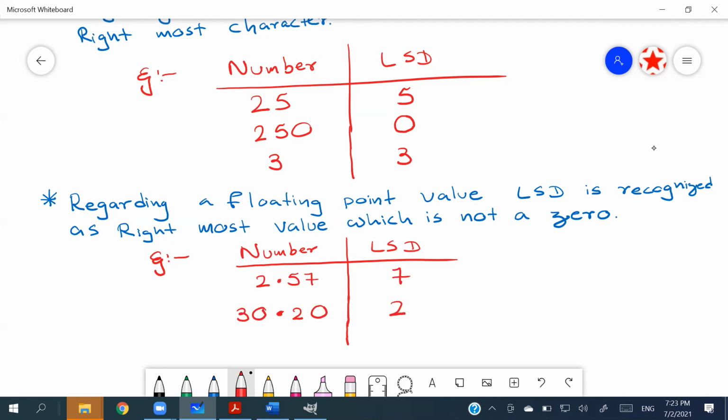Not the 0. If your value is something like this, 0.030, again, LSD is going to be 3, not the rightmost 0.